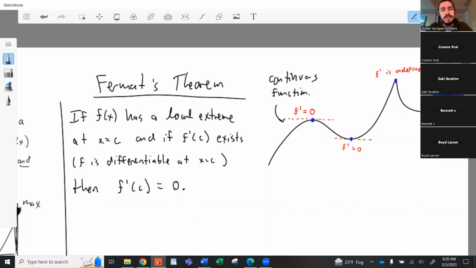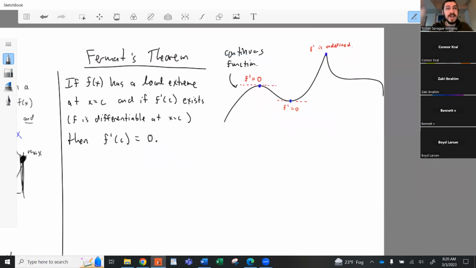Okay. So this means that if we want to find extreme values, one of the first things we want to do is take a derivative of the function and do two things. One, set it equal to 0 and solve for x, because you want to figure out where are those x values where the derivative equals 0. So f prime of x equals 0, and then solve.